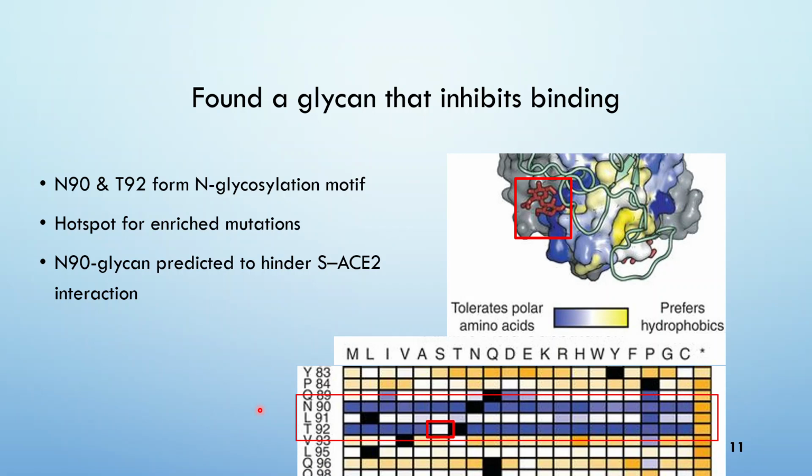And matching the data, there's an exception here for T92S mutation, which maintains this N-glycan. The N-glycan would still form, and then hence it's not enriched. So these mutations could also explain why the disease is more severe for some individuals with COVID-19.